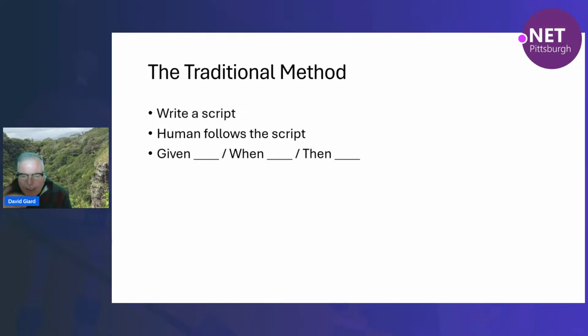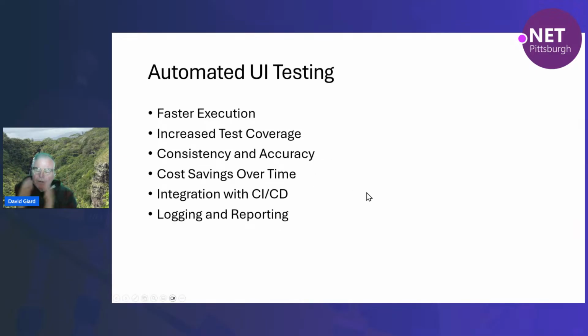Well, that's time consuming, and that's also potentially unreliable because you're asking someone to do the same thing manually over and over again. There's potential that they might do it wrong the second time. All right, so enter automated UI testing. For a long time, most of us have been sold on the idea of automated testing.